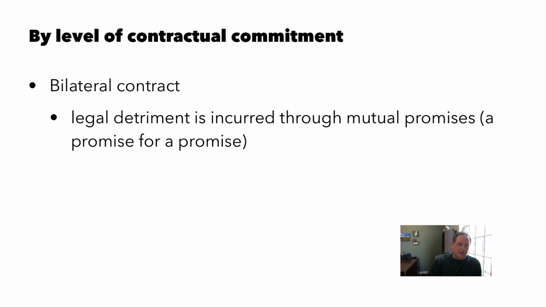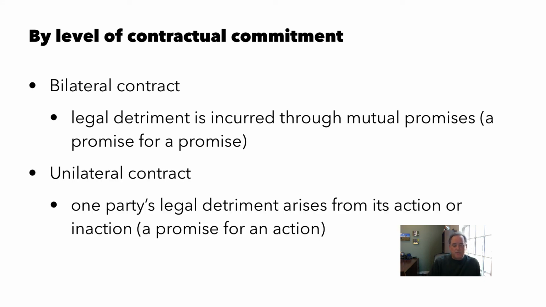A unilateral contract is a contract in which one party's legal detriment arises from its action or inaction. So it is not an exchange of a promise for a promise, but an exchange of a promise for an action.